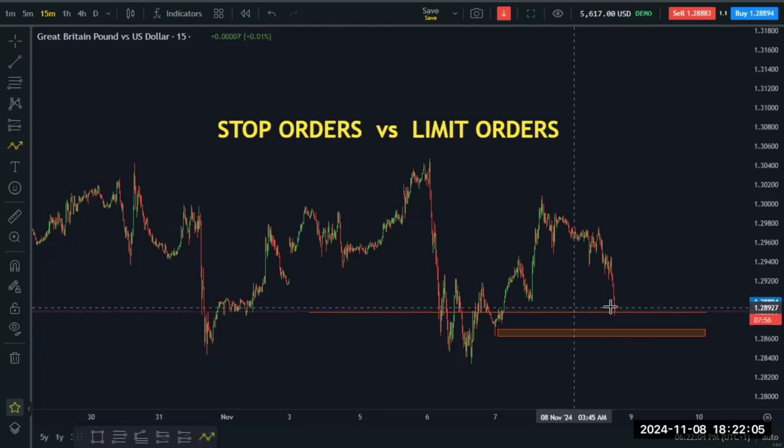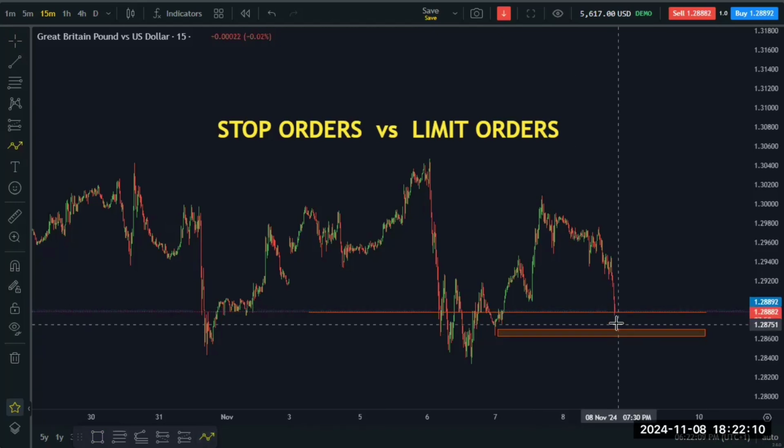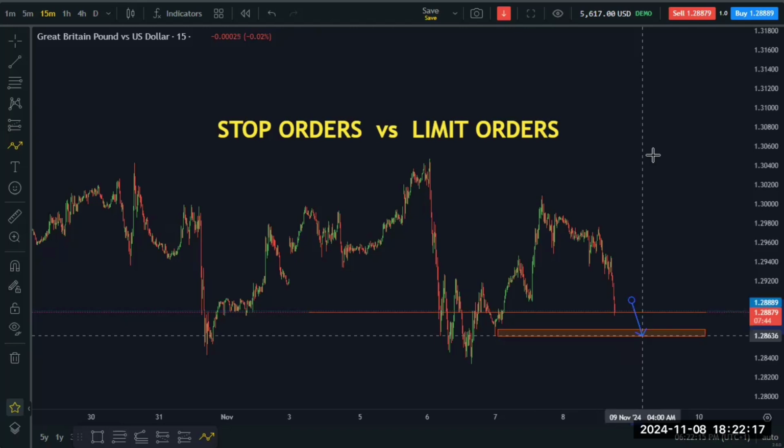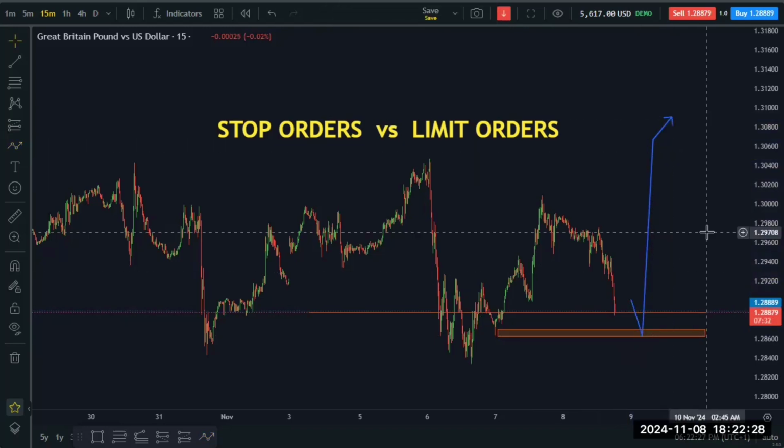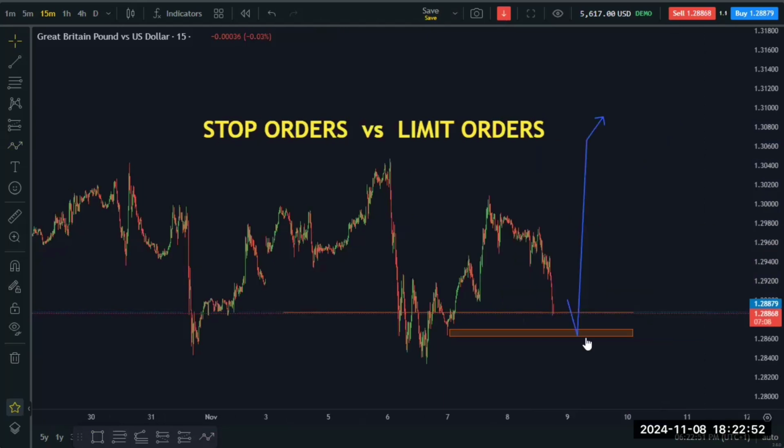So when you anticipate that price that is above will come down to a certain point like this, and then it will reverse and continue the buy upwards, it means you need to use a limit order. So I will place a limit order for a buy here. So it will be a buy limit. You place it here. And when this price comes down, it will buy the market.